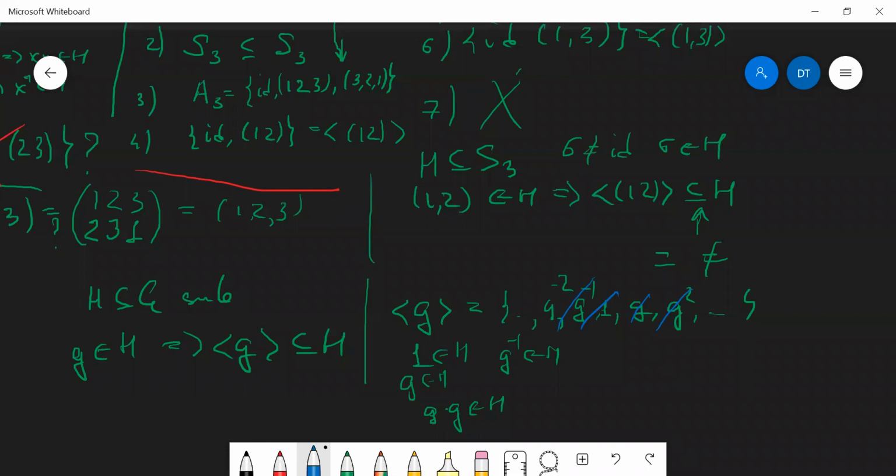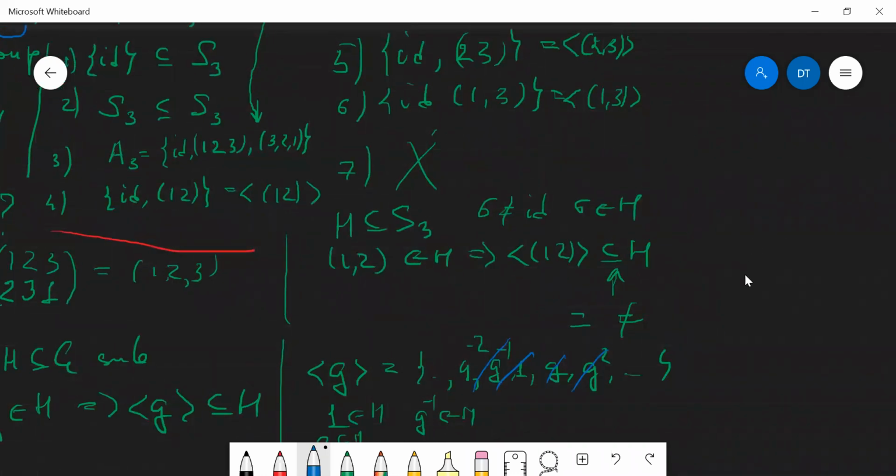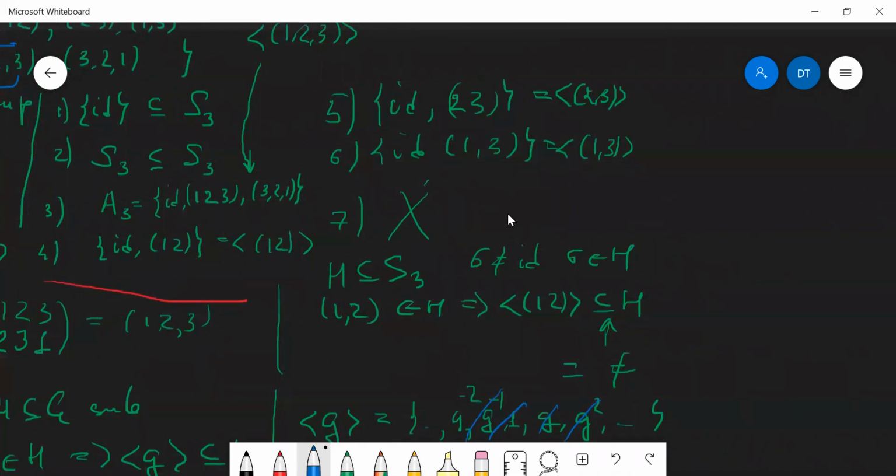Okay, now I see, thank you. Yeah, we're doing this by brute force. We're just considering all possible subsets and use the fact that if we have an element in the subgroup, then the whole cyclic subgroup generated by this element is in our subgroup, and so on. So now we're in this place.